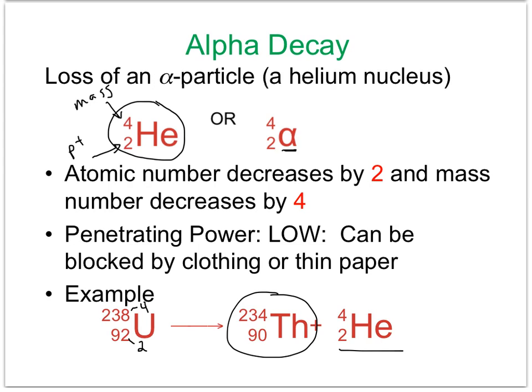Once we subtract 4 from 238 to get 234, and 92 minus 2 to get 90, you can use your periodic table to discover the identity of the new daughter nucleus. In this case, it is thorium.